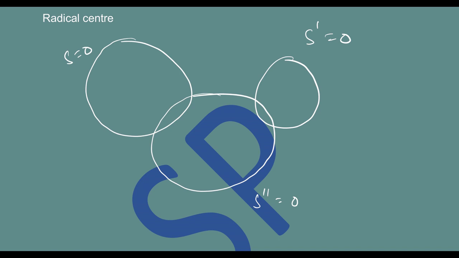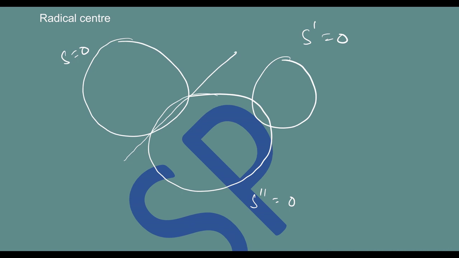Then it can be proved that the radical axis of S equal to 0 and S'' equal to 0, the radical axis of S' equal to 0 and S'' equal to 0, and the radical axis of the circles S equal to 0 and S' equal to 0 are going to be concurrent, and this point of concurrency is called the radical center.